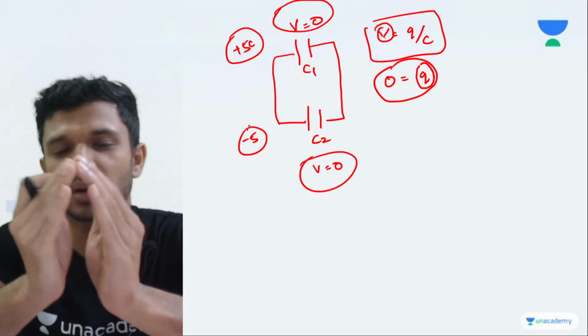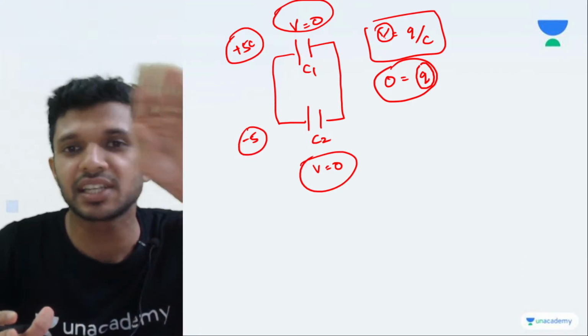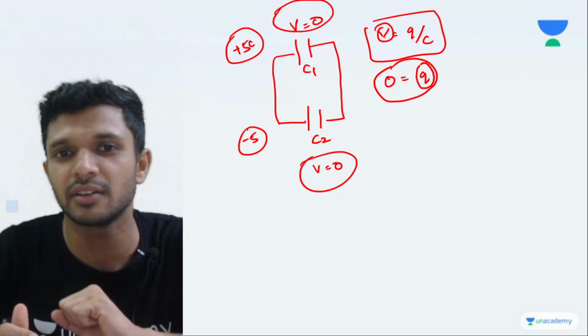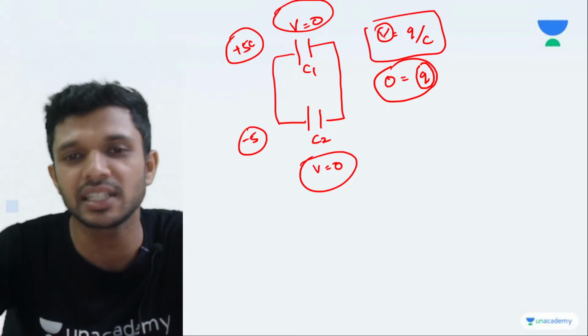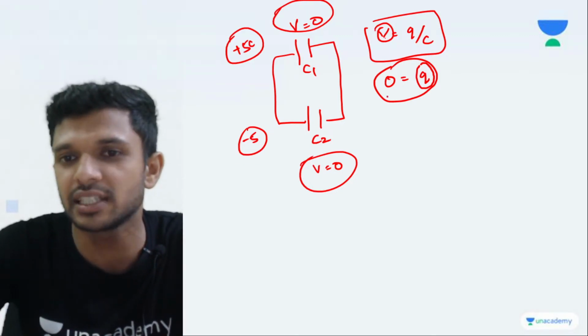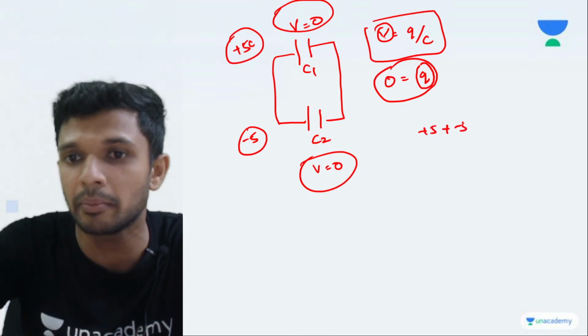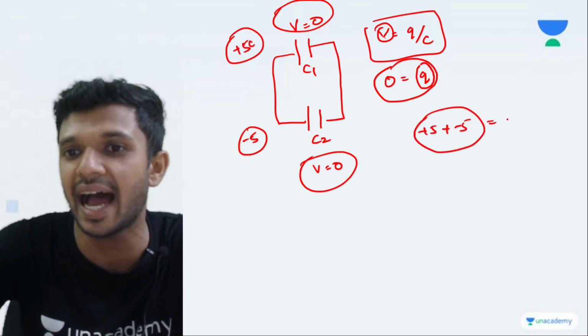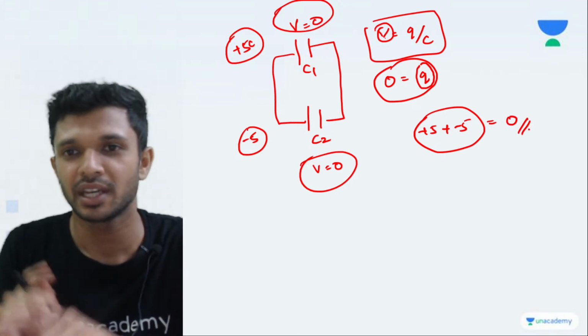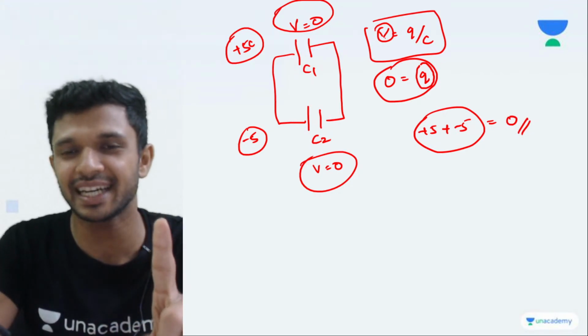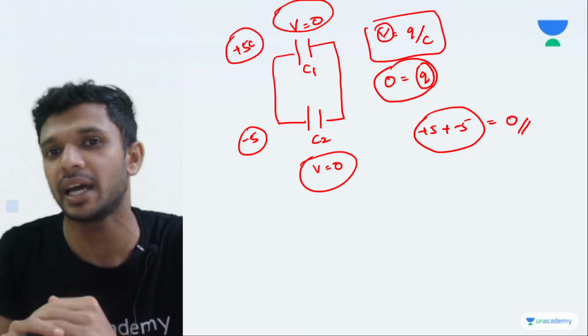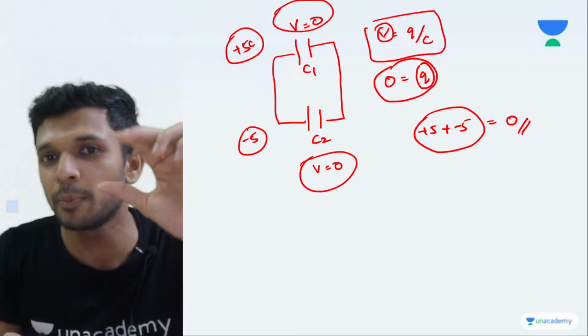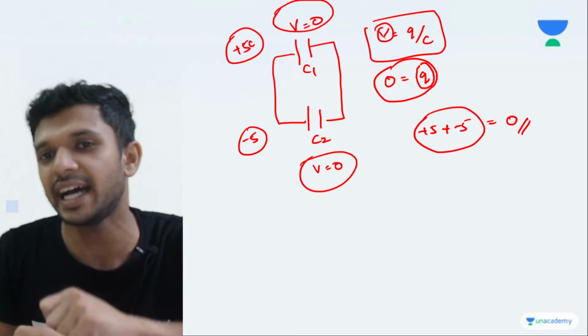Once you connect these two capacitors, what will happen? The charges will rearrange themselves, and how much will it be? Plus 5 plus minus 5 coulomb. These two charges add up to give a value of 0. Yes or no? Absolutely right. The same thing we can apply here, which means if the total potential has to be 0, charge has to be 0.